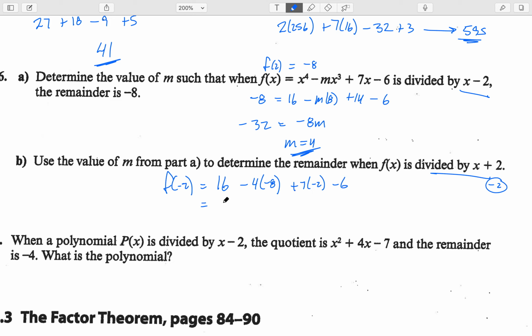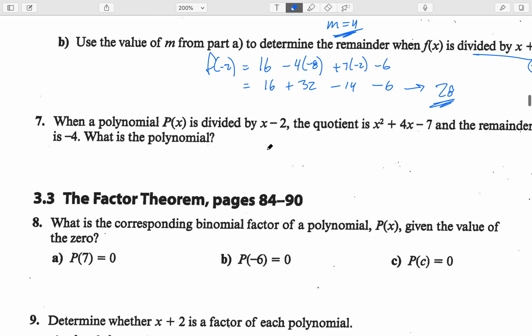Okay, so what do we got? We got 16 plus 32 minus 14 minus 6. In other words, that turns out to be negative 4. Hang on, is that negative 4? Did I do that right? No, I didn't do that right. Okay, let's add these up correctly. 48 minus 20 should give me 28. There we go. Way better.